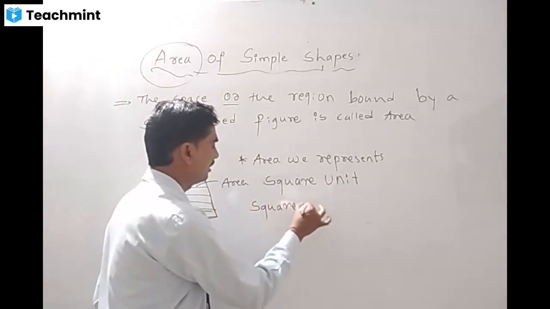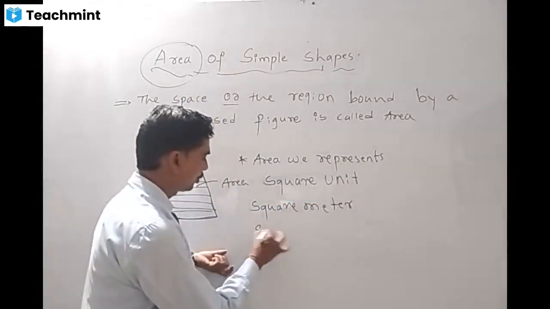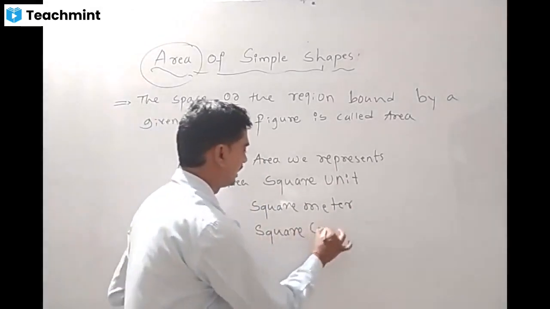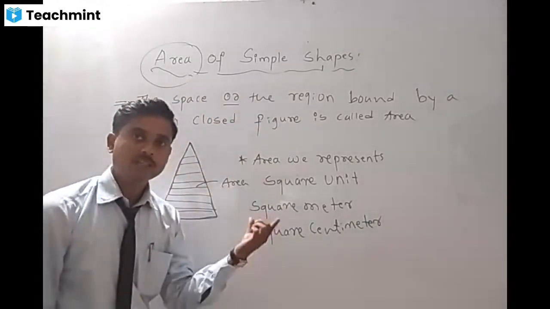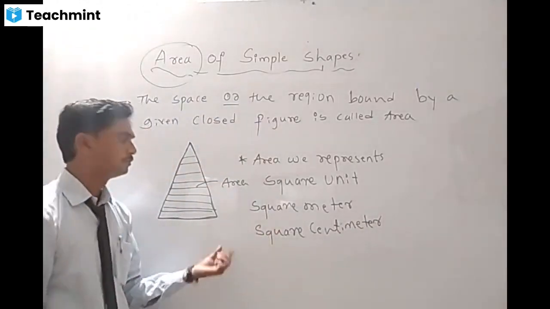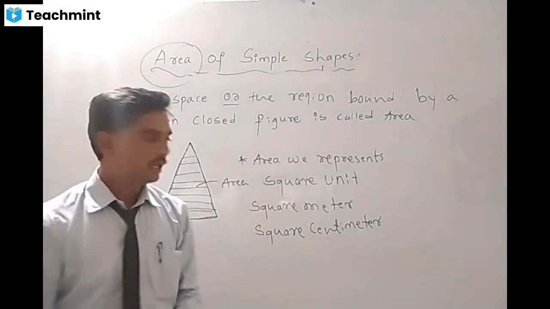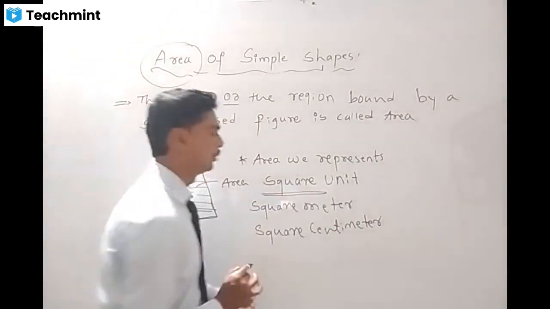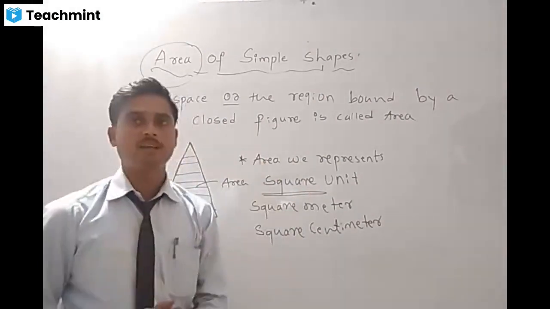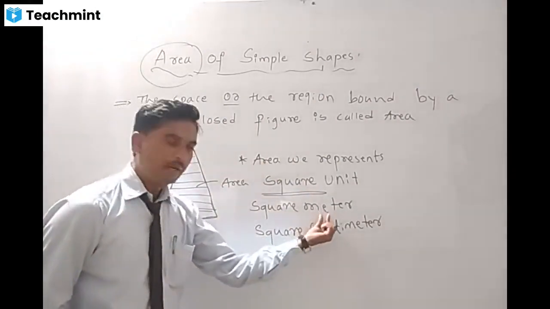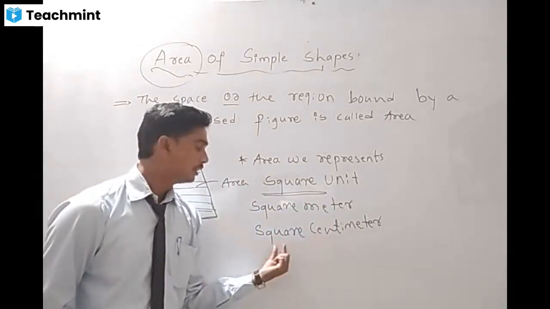Square meter or square centimeter. Remember, dear students, area is represented in square units. We use the square unit to express the area. If meter is given, we should say square meter. If centimeter is given, we should say square centimeter.